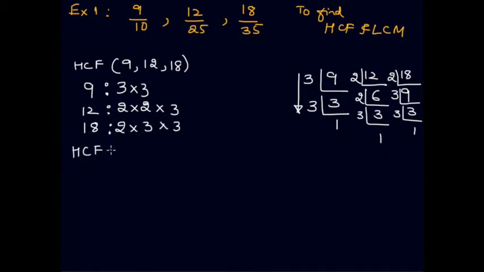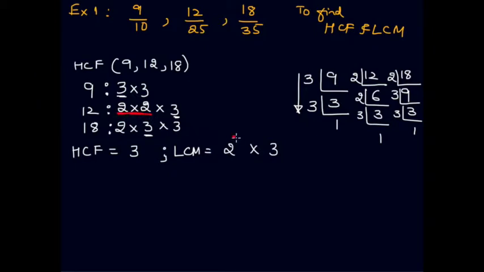Now the HCF is equal to, we need to find the common factors. So we see that 3 here is common, just one 3. So 3 is the HCF. And what about LCM? First, we list out all the different factors that we have. 2 and 3 are the different factors. And let's see how many times these numbers are repeated, like the maximum times. So 2, for example, is repeated twice here, right?